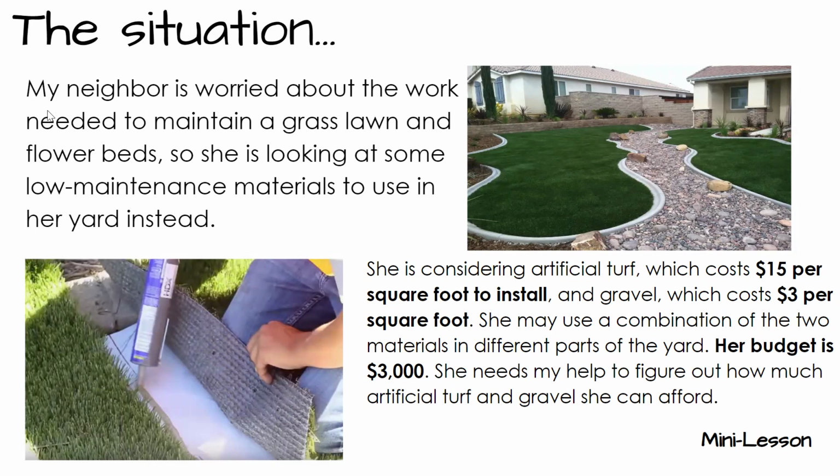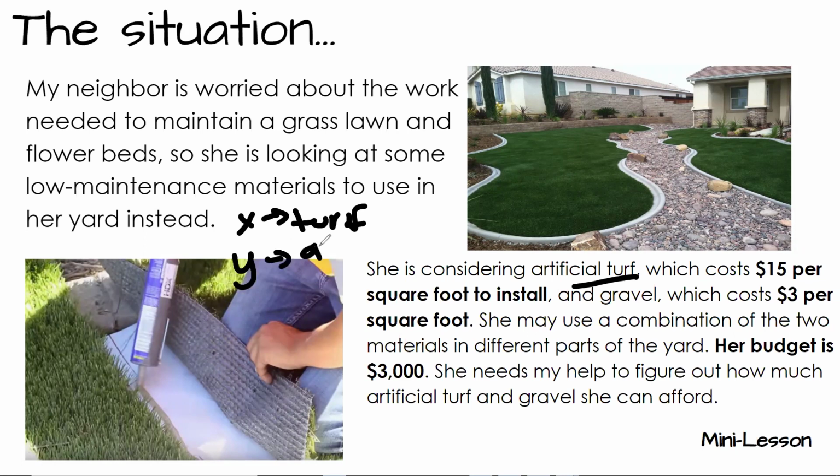Okay, so what we're going to do is we're going to say that turf is going to be X. So X is turf. And Y is going to be gravel. Now, how much money does it cost to do turf? 15 per square foot to do turf.